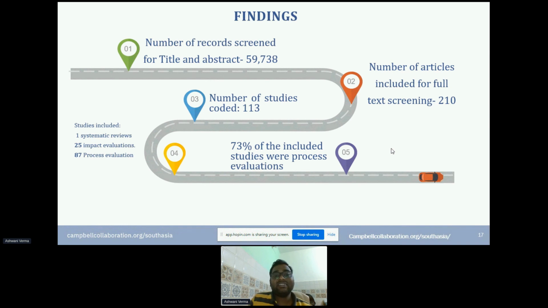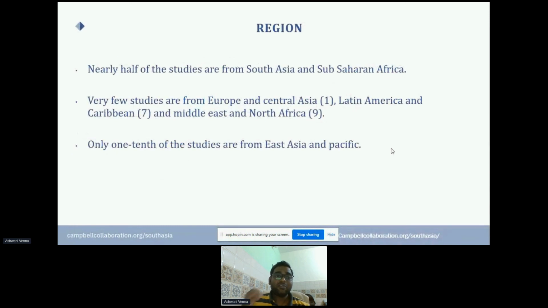So we coded 113 studies, and out of those we got 1 systematic review, 25 impact evaluations, and 87 process evaluations. This shows that a large majority of the included studies in this map are process evaluations. Region-wise, nearly half of the studies are from South Asia and sub-Saharan Africa, based on the World Bank categorization.